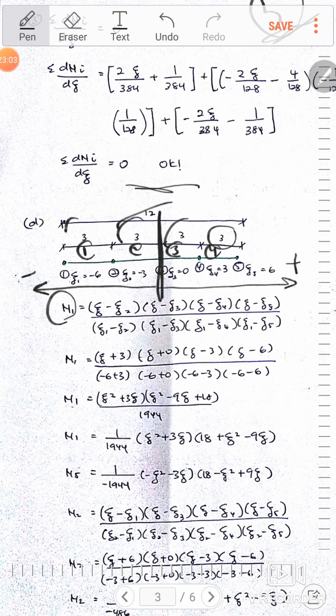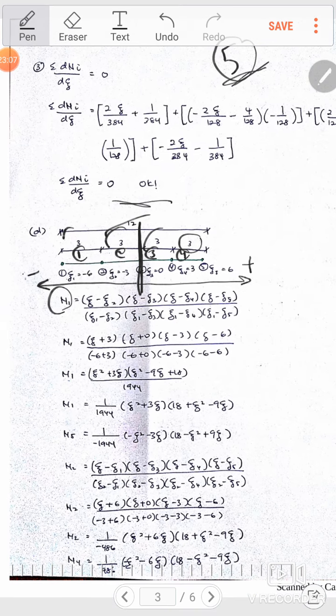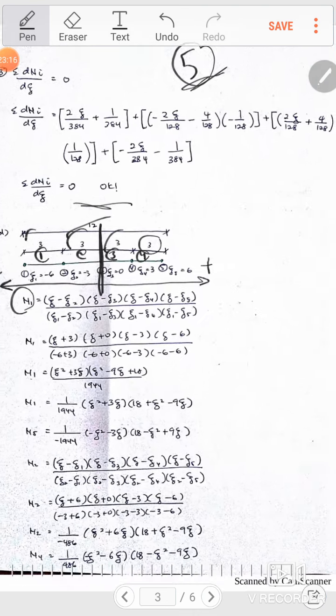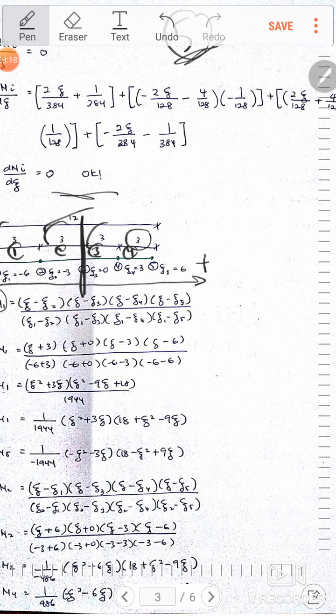The nodes are the point that you start and the point that you end. Some students confuse element and node. If I have this line, I start from this node and I stop at this node.